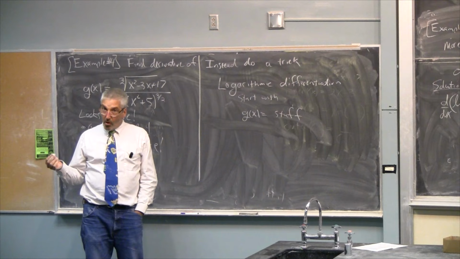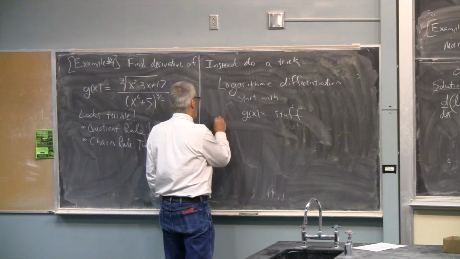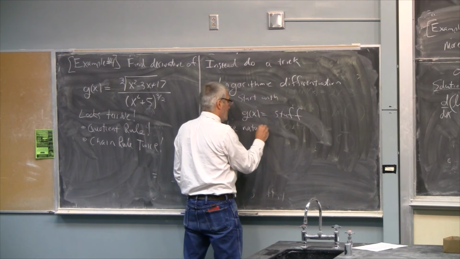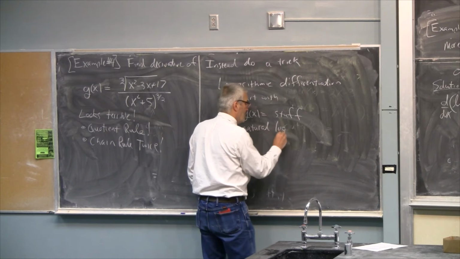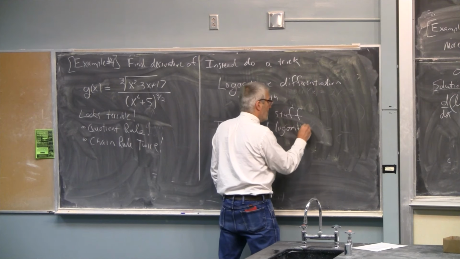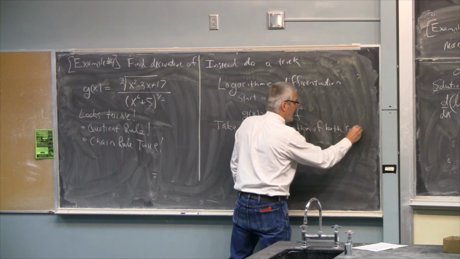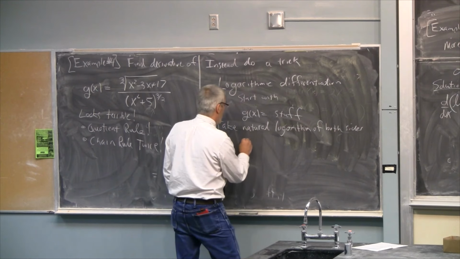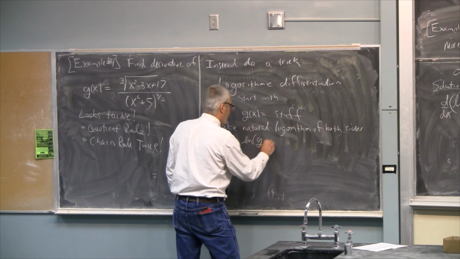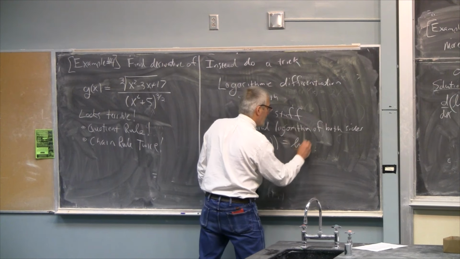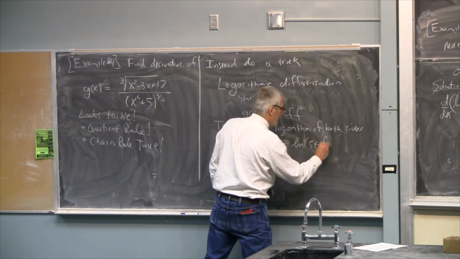Now, take natural logarithm of both sides. So that's going to be ln of g of x equals ln of stuff.